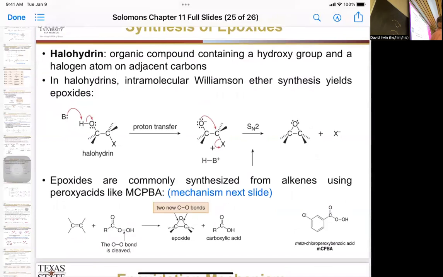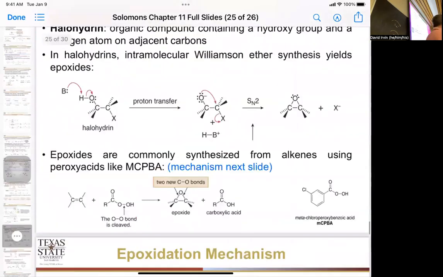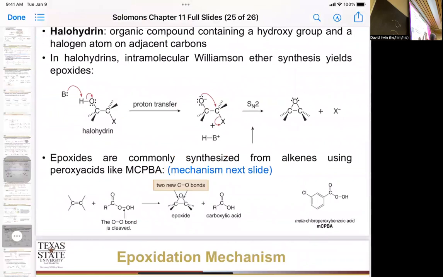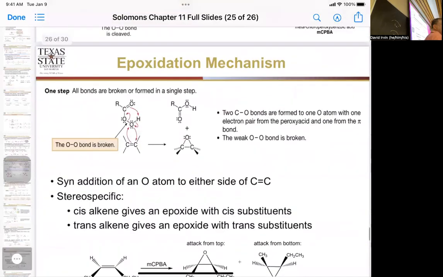Okay, so let's look at the mechanisms of that. The mechanism for this right here is just an SN2 reaction, and that's fine. But the per acid one is kind of weird. If we actually look at where electrons are being transferred, this oxygen here is partially negative because of its proximity to this carbonyl.